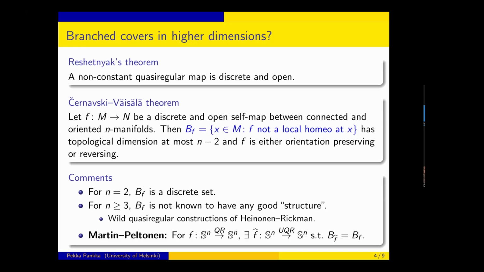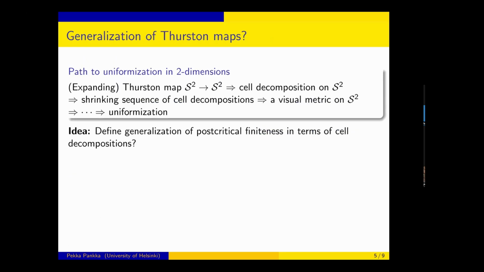So, for example, this Heinonen-Rickman monster branch set can be realized as the branch set of a UQR map. So you don't have any nice combinatorial structure for the branch set to start with. And all this was motivation, because this is what we actually want to do.